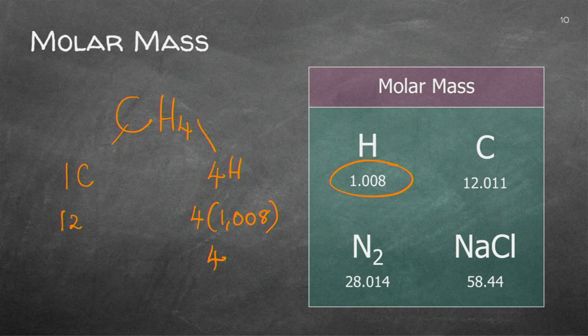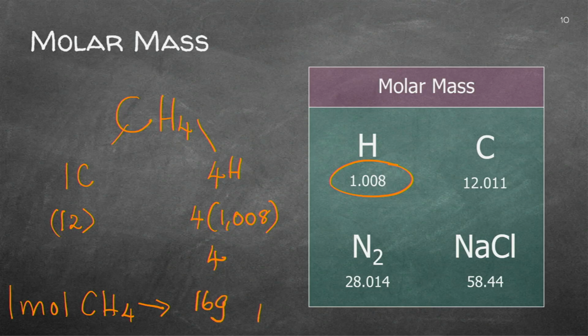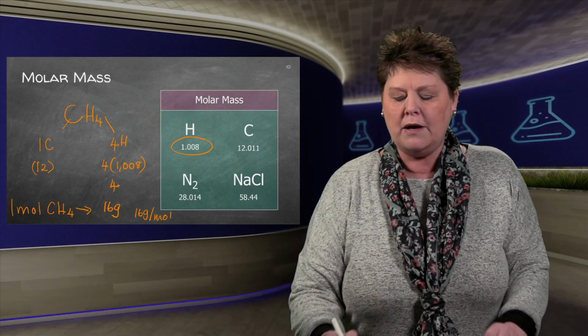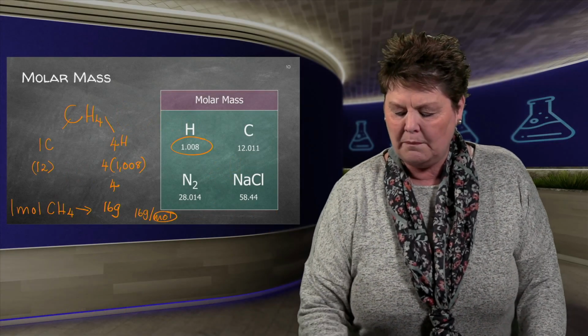Carbon would be 12. So remember, 1 mole of CH4 will have a mass of 16 grams, or 16 gram per mole. Important, guys, that you always remember you are working with a mole.